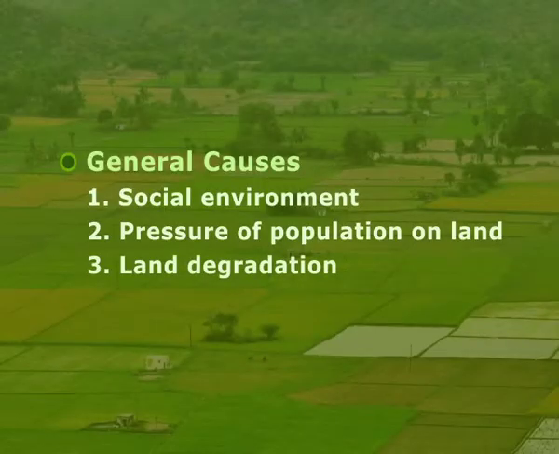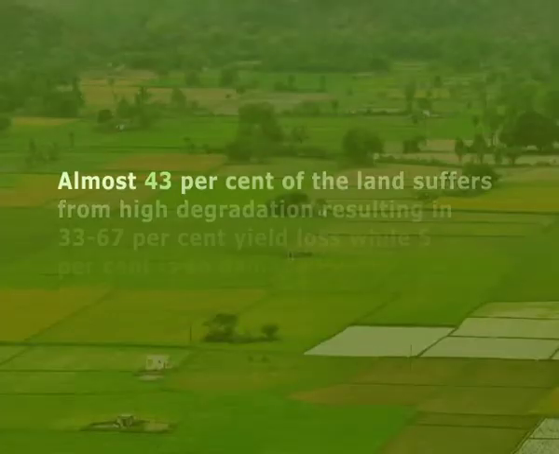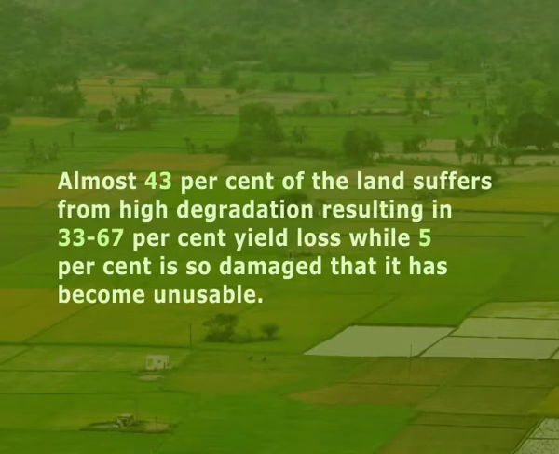Number 3, land degradation. Government of India has recently estimated that nearly half of the country's 329 million hectares of soil could be categorized as degraded. Almost 43% of the land suffers from high degradation, resulting in 33 to 67% of yield loss, while 5% is so damaged that it has become unusable.